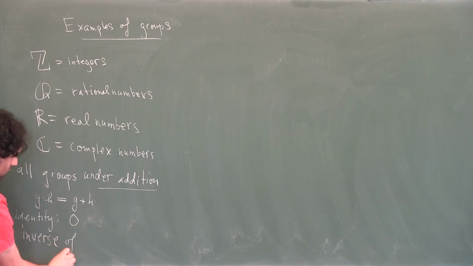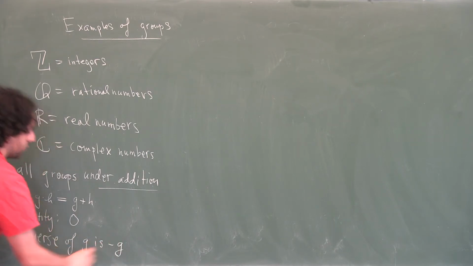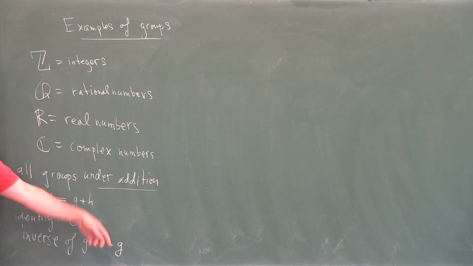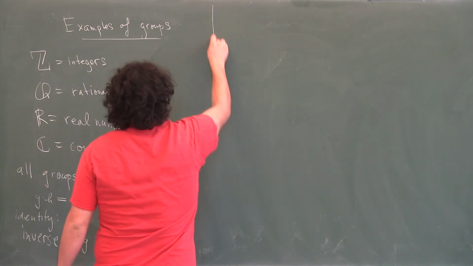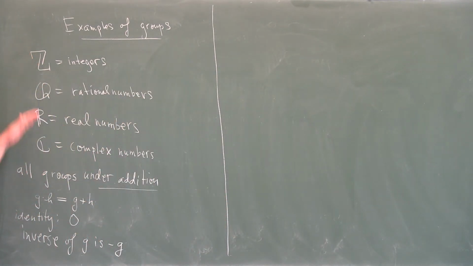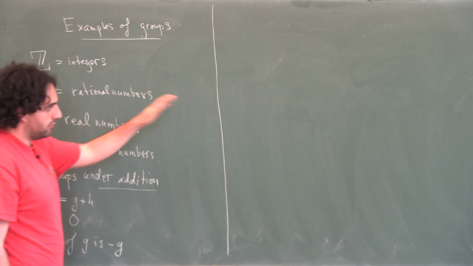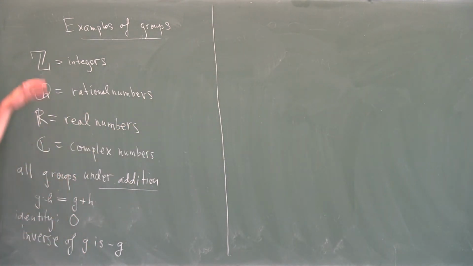The inverse of G is just minus G for an element G in any one of these Z, Q, R, or C. Now, there's something less interesting about these examples than about the examples that I'm going to do next, which is that these are all abelian groups.